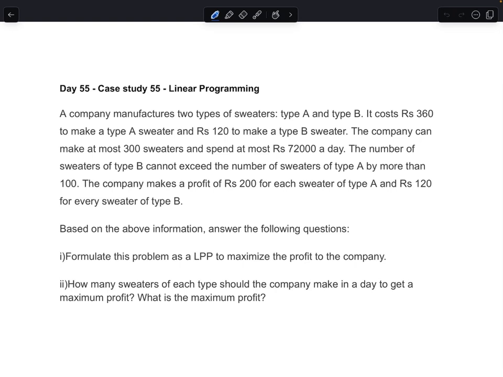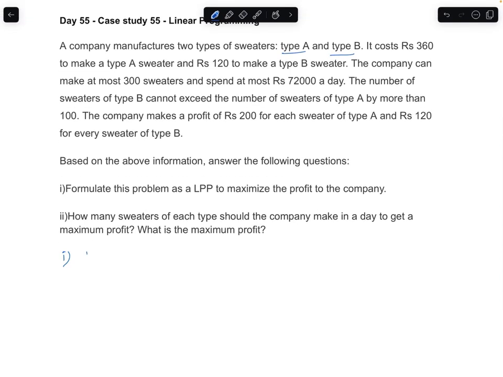Question 1. Formulate this problem as an LPP to maximize the profit to the company. The company manufactures two types of sweaters, type A and type B. Let X be the number of type A sweaters. Let Y be the number of type B sweaters.